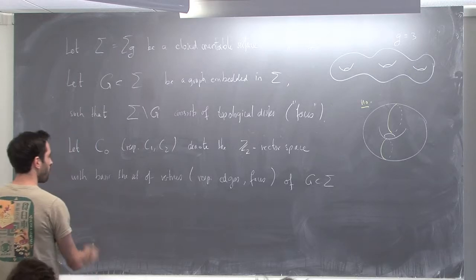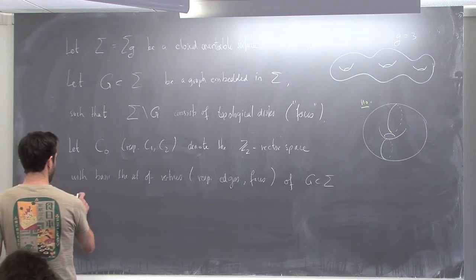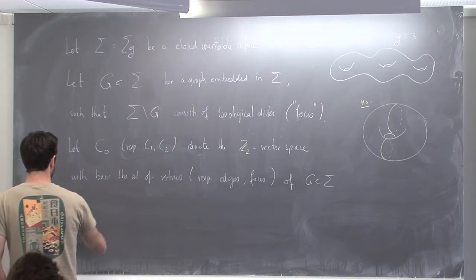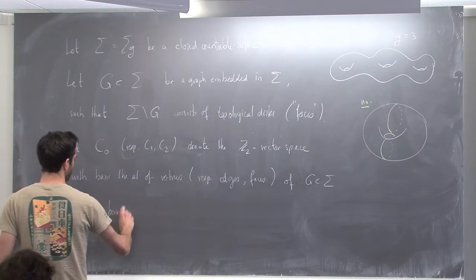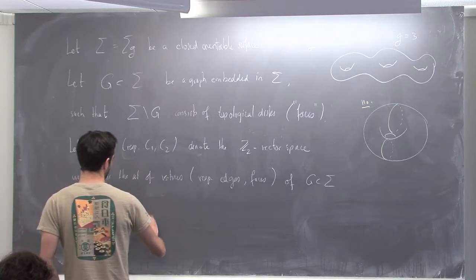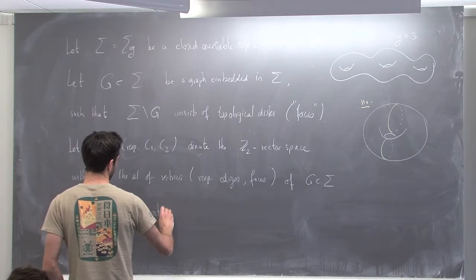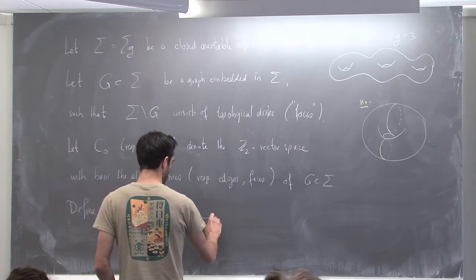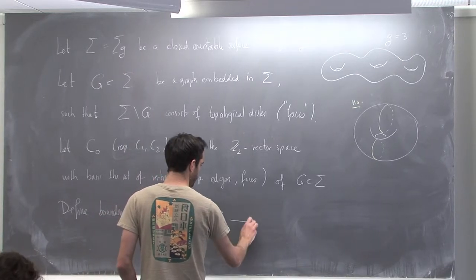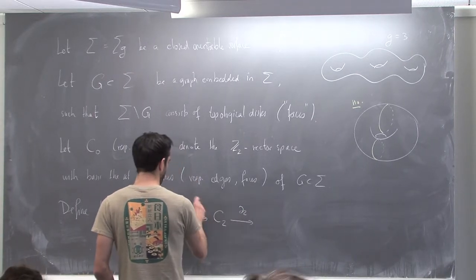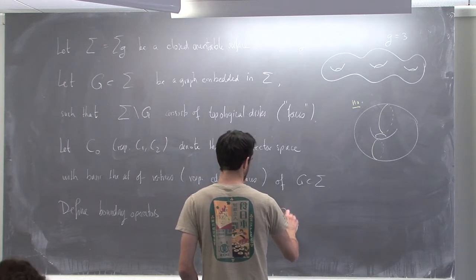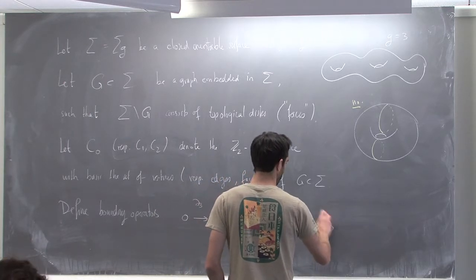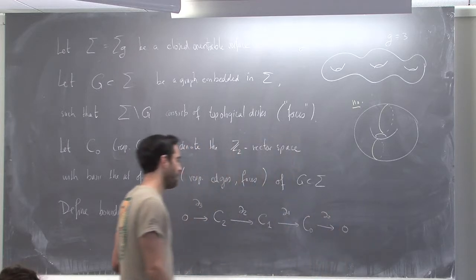Okay, now define boundary operators as follows: 0, C2, delta 2, C1, delta 1, C0, delta 0 like this.